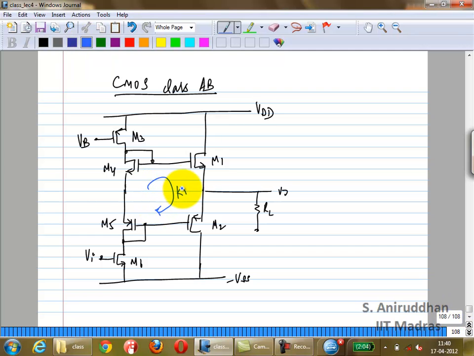So first of all, let's quickly analyze this. You can write KVL around this loop, just as we did in the previous case. So you have VGS4 plus VSG5.